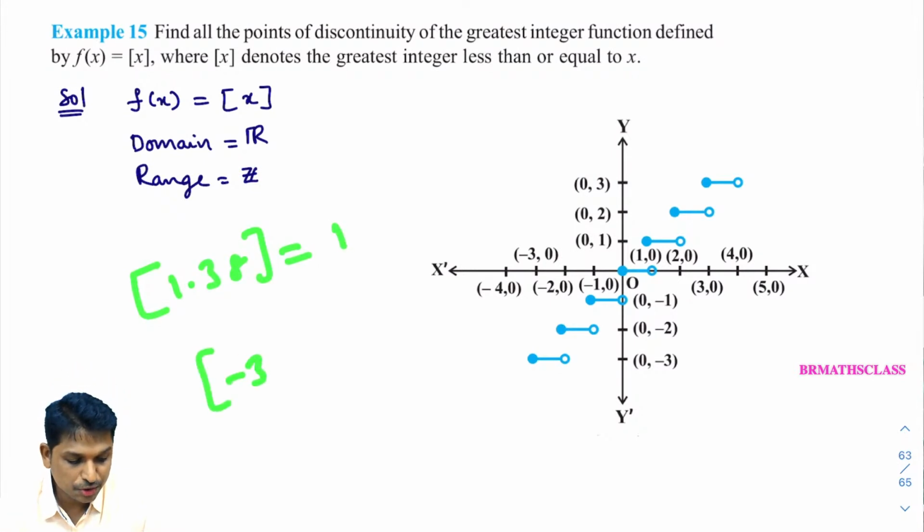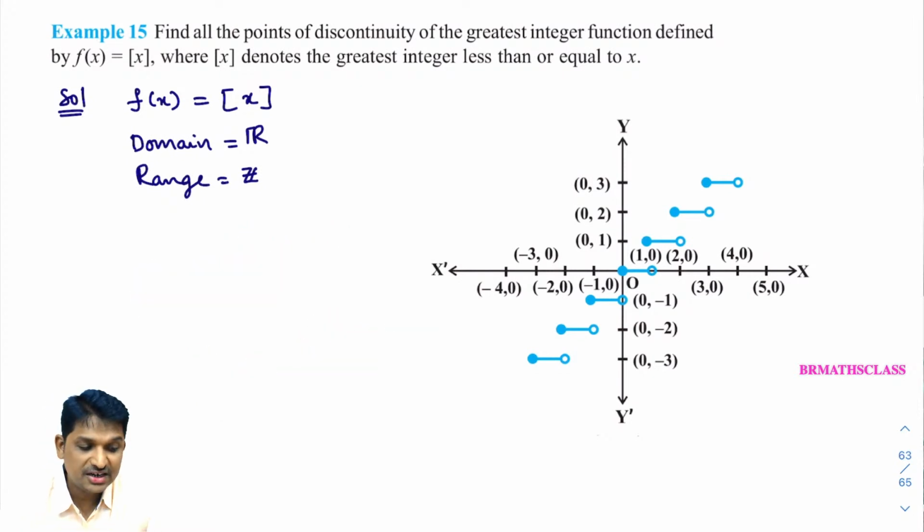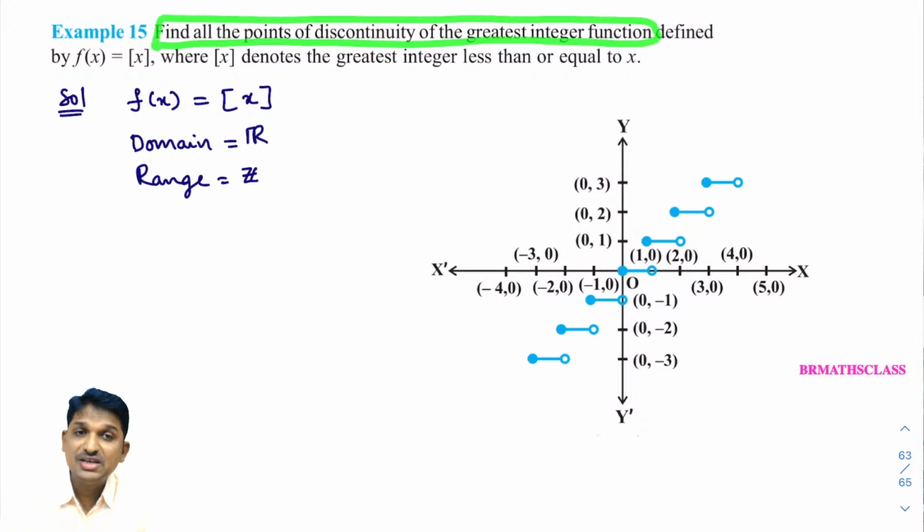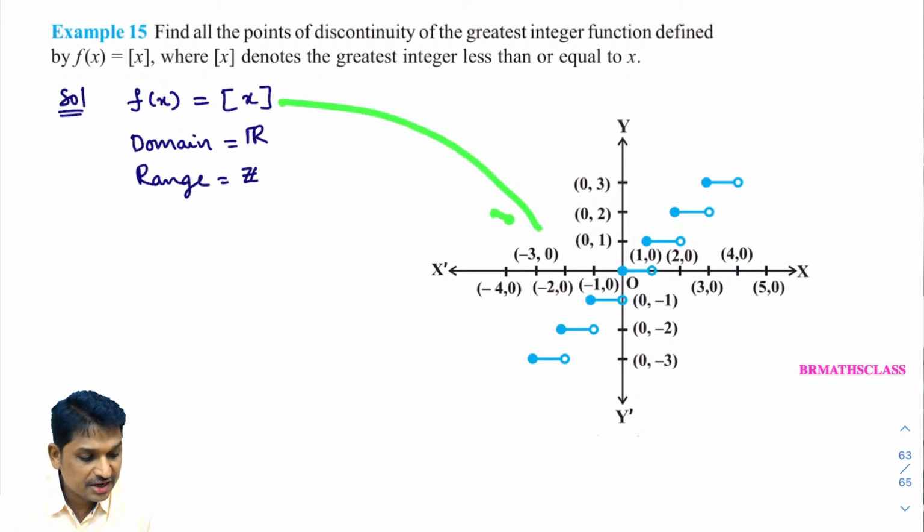Step minus 3.4 is minus 4. All those things we learn in the greatest integer function; I don't want to discuss them here. So, to discuss continuity of the greatest integer function, first I'll draw its graph. Now I'll write its domain and range. Domain is all real numbers, range is the set of all integers.